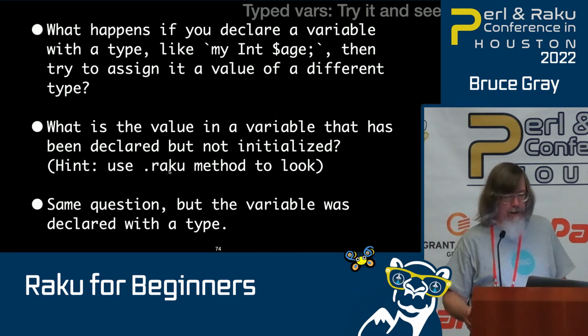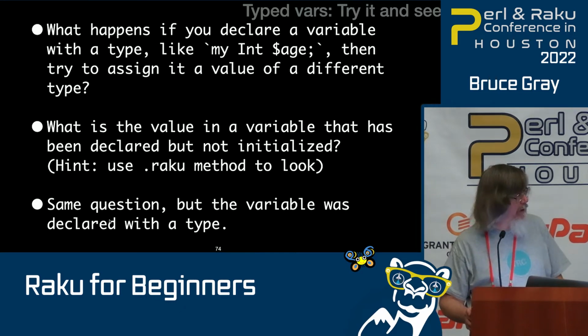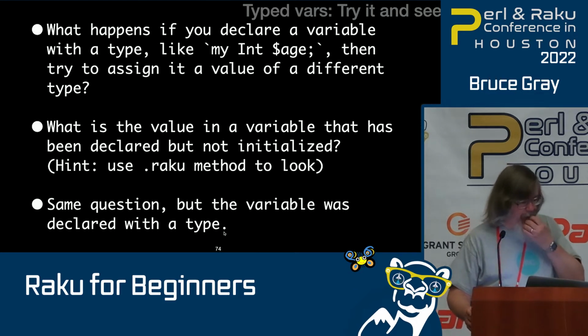And it's a great way to debug or just to understand what you're looking at. And then same question, but what if it's an untyped scalar? So: assigning in violation of type, what an uninitialized typed variable holds, and what an uninitialized untyped variable holds. That should just take you a minute.